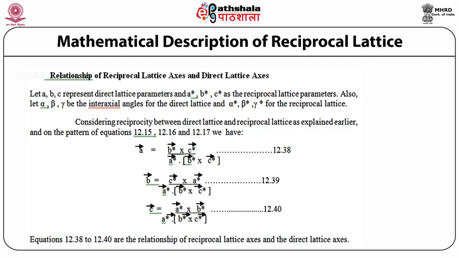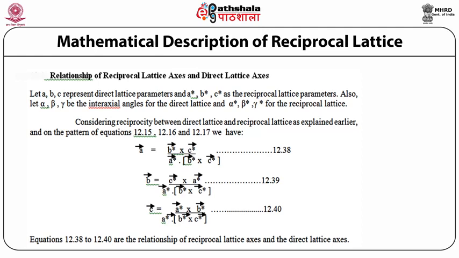Let a, b, c represent direct lattice parameters and a star, b star, c star the reciprocal lattice parameters. Also let alpha, beta, gamma be the interaxial angles for the direct lattice and alpha star, beta star, gamma star for the reciprocal lattice.